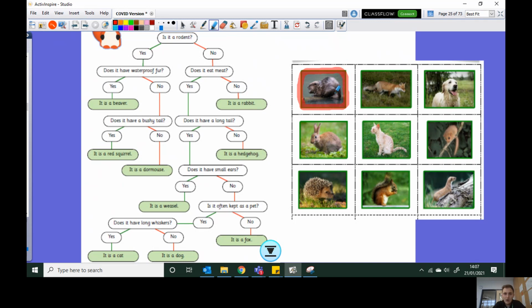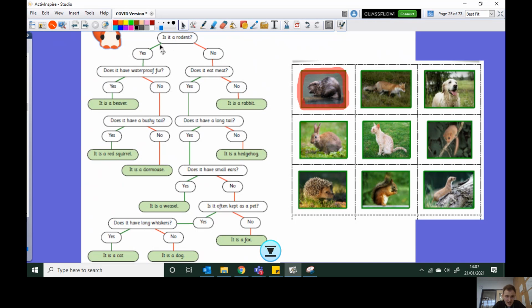Now, I know what this animal is, but I'm going to follow my flowchart and see if I can work it out using that. So is it a rodent? Well, remember, a rodent means that it has long teeth and it is constantly gnawing on them to wear down their teeth. So is it a rodent? I think this one is a rodent.